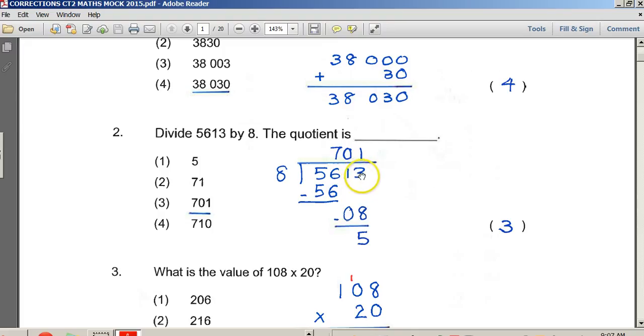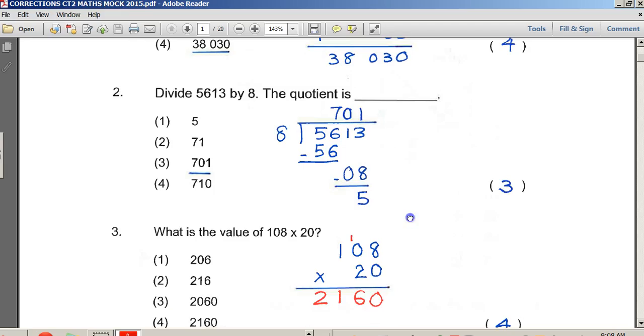Inside 13 there is 1 eight, so 1 times 8 is 8. 13 minus 8 is 5. So the quotient means this portion, the 701. It does not include the remainder. So quotient is 701, answer 3.